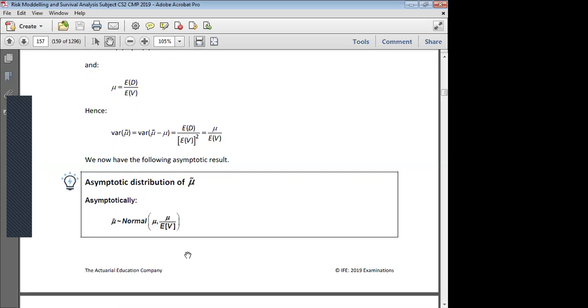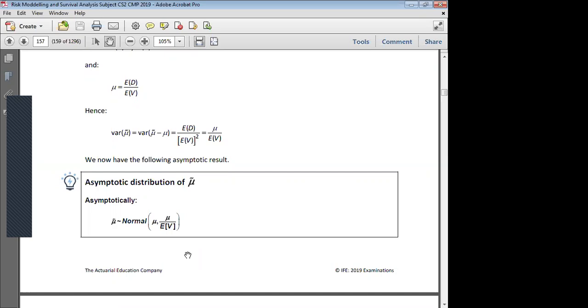Ideally it would just be expectation of D upon expectation of V squared, which again makes intuitive sense. But now that you have mu upon expectation of V, that's also fine. It's just saying that your variance will differ by the times you expect to be observed.